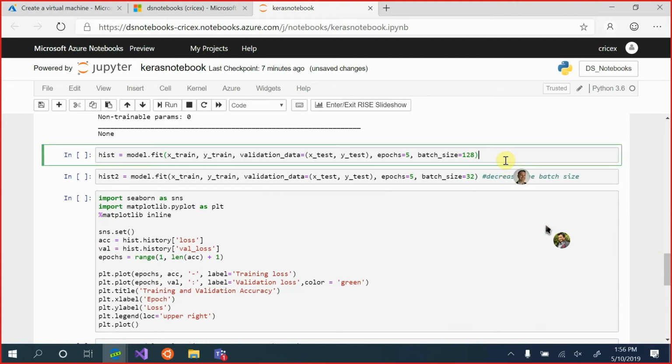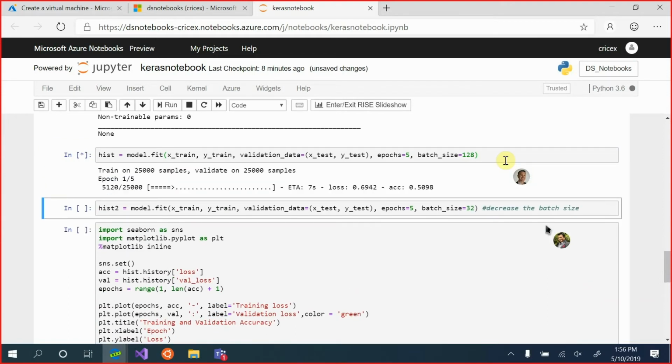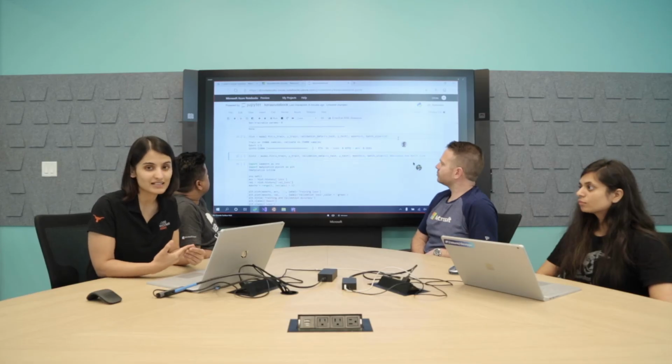Now when we want to fit our model, we run model.fit, where we are passing our training data and our validation data, as well as epochs and batch sizes. On running this, it is training now. So what do the epochs and batch sizes mean?